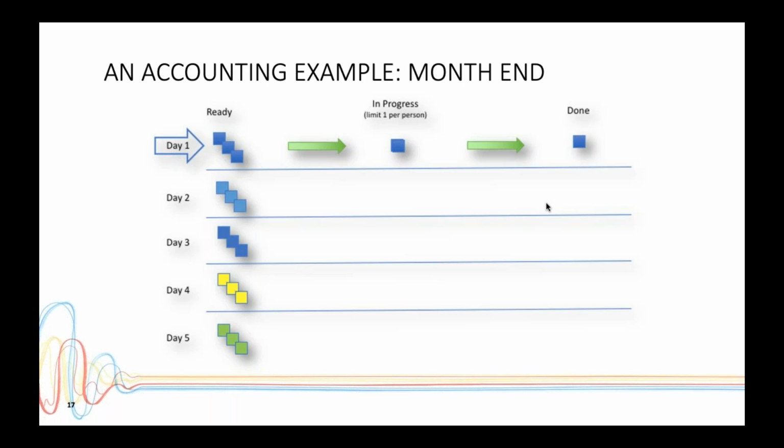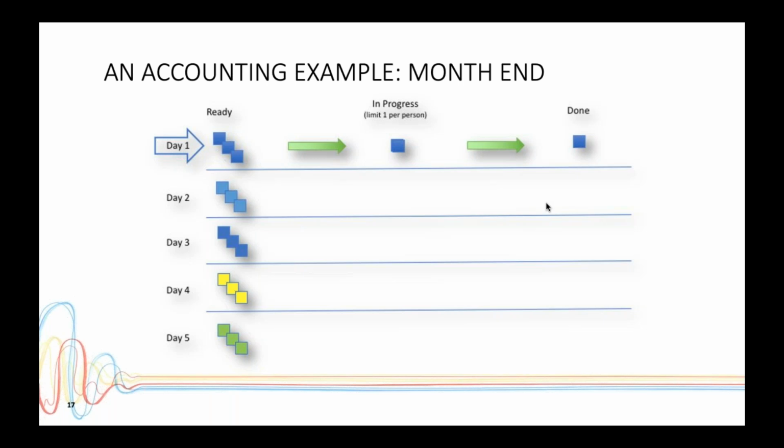So I got them involved in creating a kind of Kanban board. And this isn't Kanban in the sense of a manufacturing replenishment system, but more in the Scrum sense of a Kanban board, where it's just a big whiteboard and sticky notes. And we had them organize the tasks by day. So they had 5 days, as you can see, and they'd put all their tasks that they needed to do in the ready column.